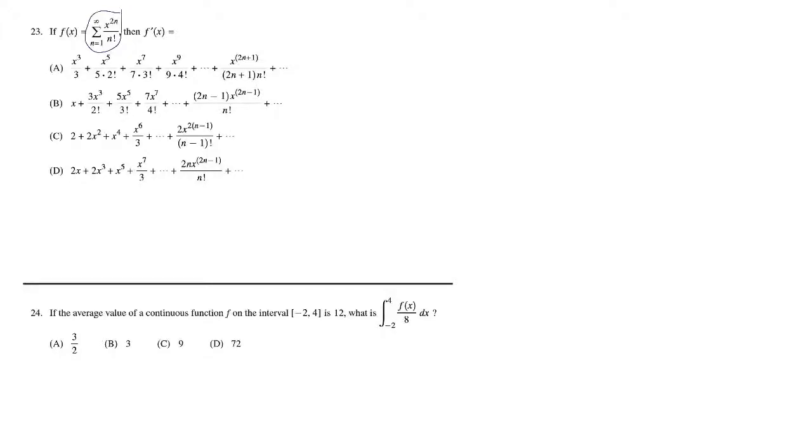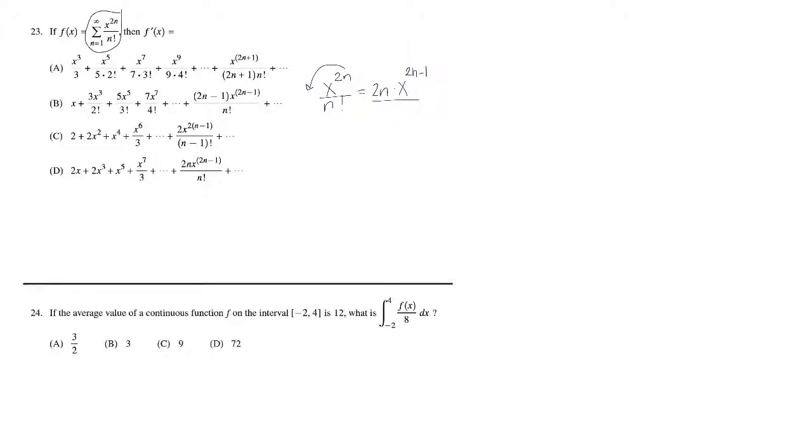Now remember, we're taking the derivative of x to the 2n over n factorial. That's our general term here. Now n factorial, that's just a number there. So whenever I go through the derivative, multiply that down to the front. So I have 2n times x to the 2n minus 1.